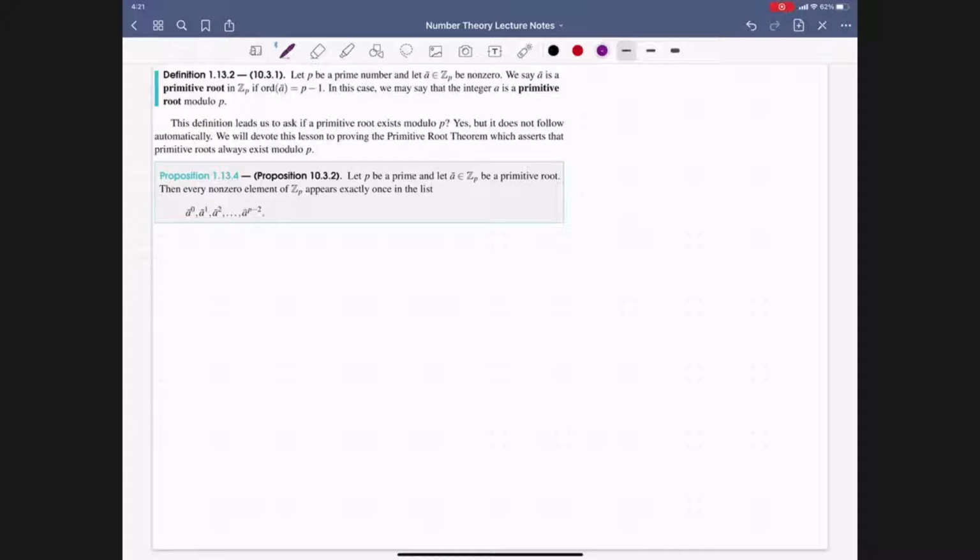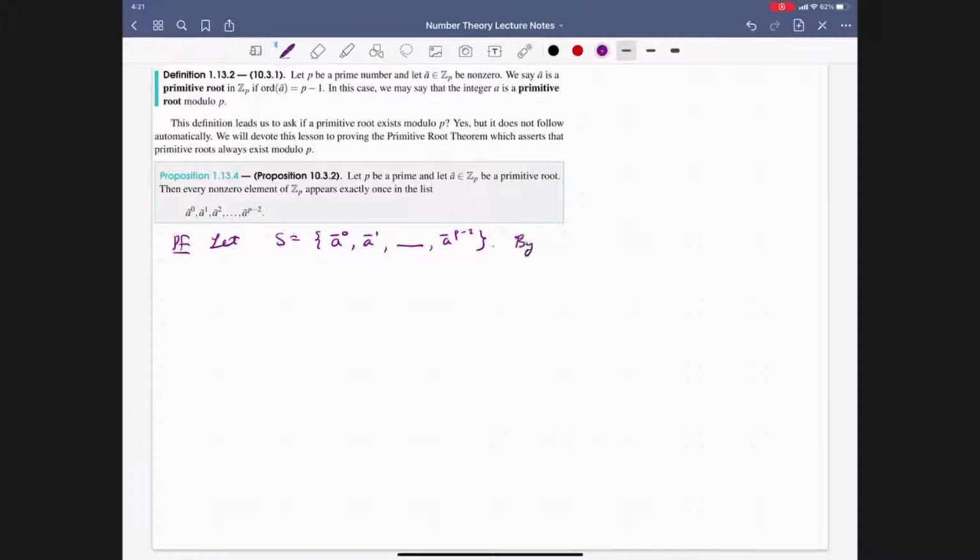So let's go ahead and consider the set. Proof: let S be the set a bar to the 0, a bar to the 1, up to a bar to the p minus 2.